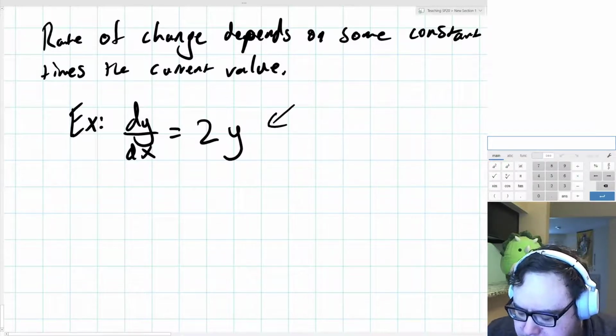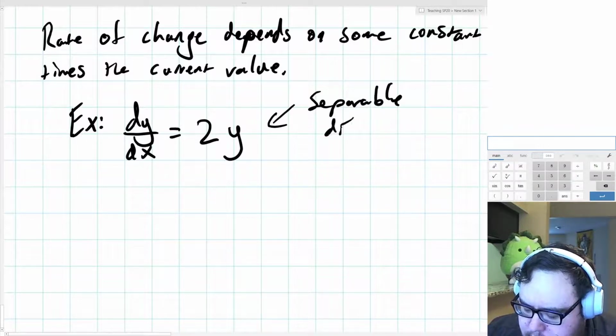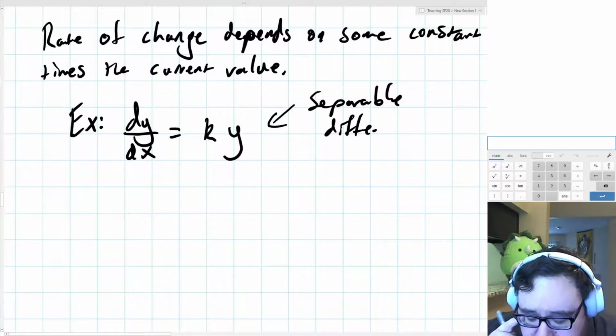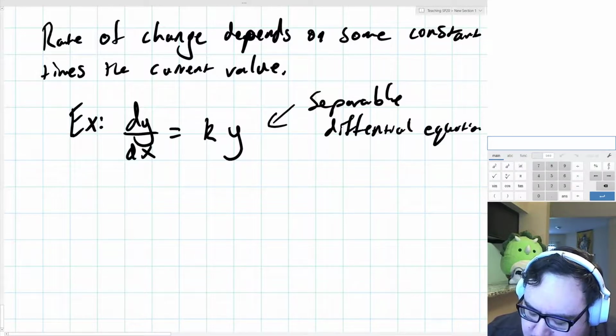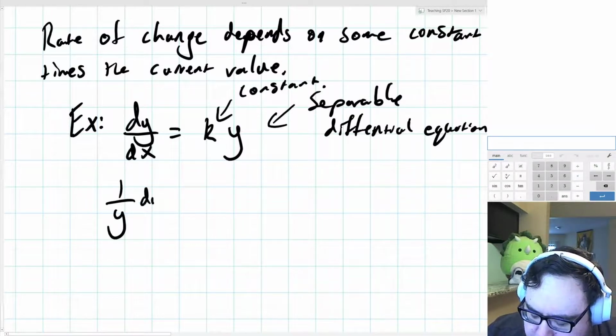This is separable. Actually, let's not even say 2y. Let's say ky, where k is a constant. Then this becomes 1 over y dy is equal to k dx.